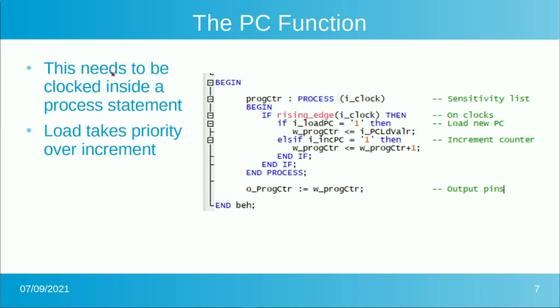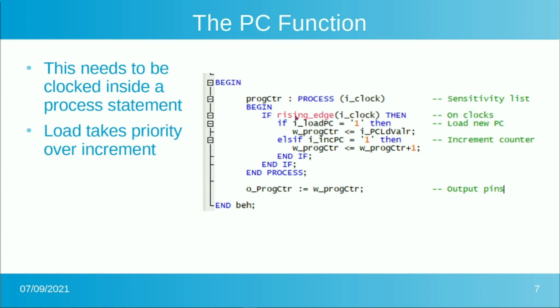The program counter is going to be a clocked element, so it's going to use one of these process blocks. And the sensitivity list is the things that change inside of the block or would cause change. And in this case, it's only the clock that would cause a change. The section inside of the process has a begin and end, and there's an end process that matches the begin up here. And inside of it, you can do ifs and elses, but make sure you always match end ifs when you're done.